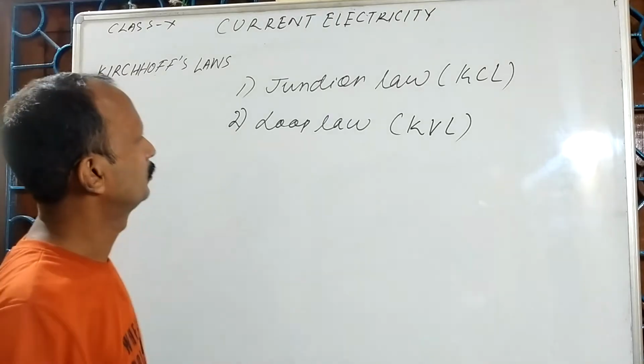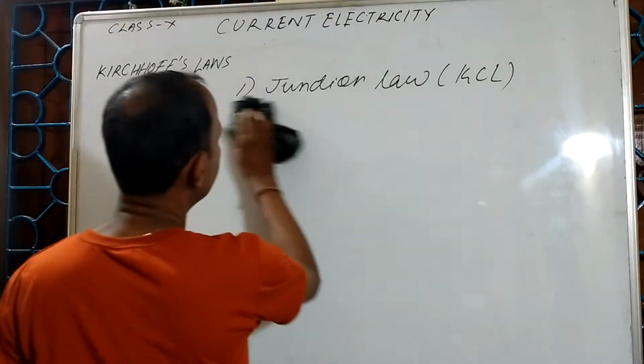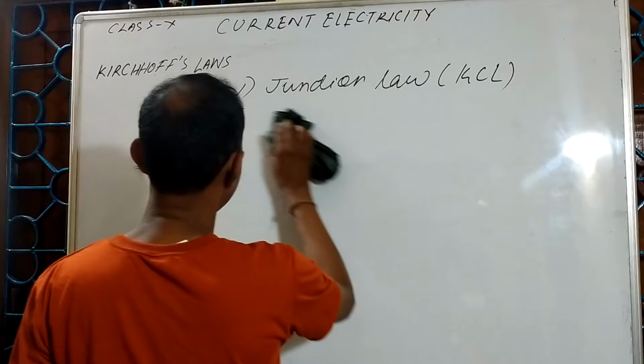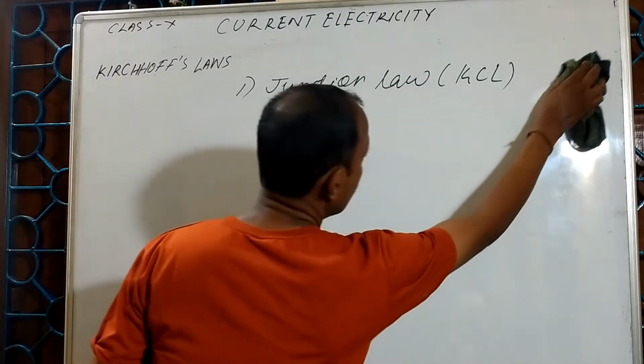Junction law, or KCL, Kirchhoff's current law. What is that law?